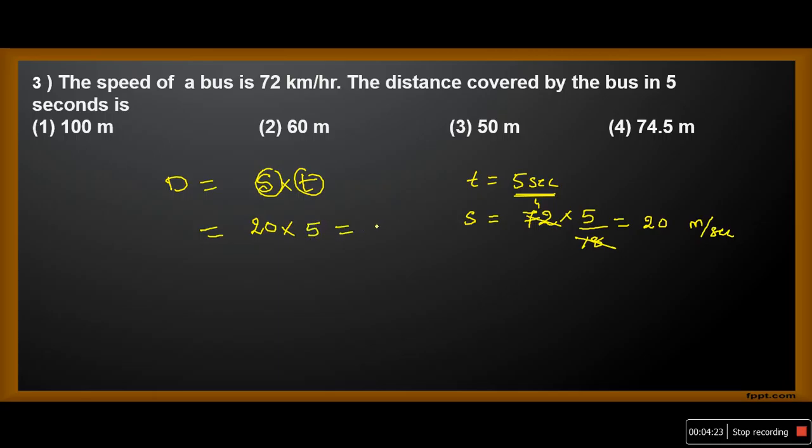So 20 into 5, 100 meters. See, 20 meter per second. The unit of time is seconds. Second and second will get cancelled. The units left over will be meters. While solving the time and distance questions, we have to concentrate on the units. Okay.